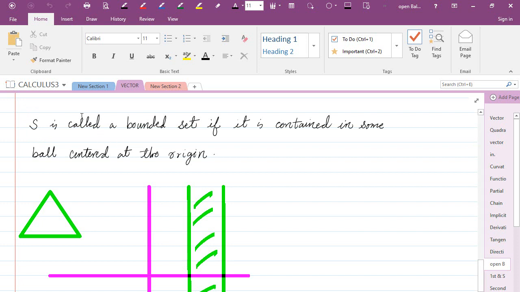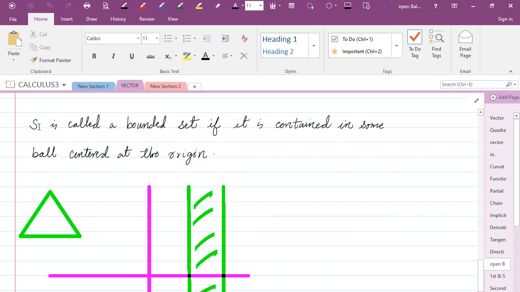And if S is a subset of 3-space, then we say that S is bounded if we can enclose S in a big sphere centered at the origin. So that's what we mean by a bounded set.